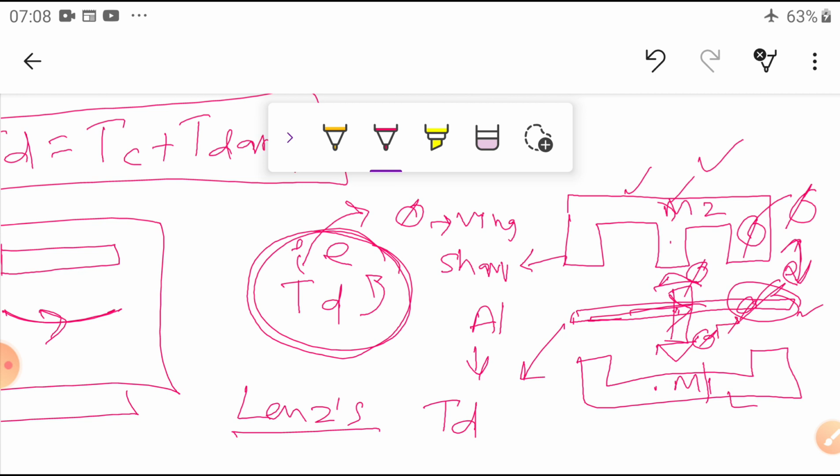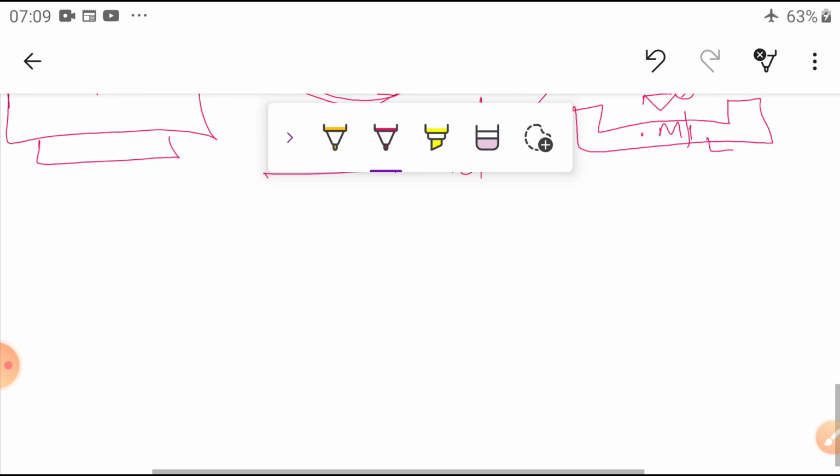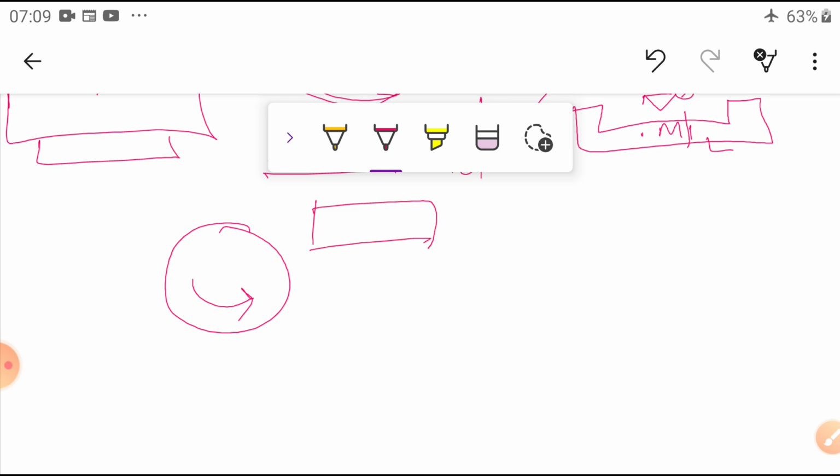Okay. So, sir, is it possible to rotate this disc in the other direction? For example, it is rotating in this direction. Why not? We can rotate it also. Sir, for example, if it is rotating in this direction, the readings go 1, 2, 3, 4, 5, increasing this value.